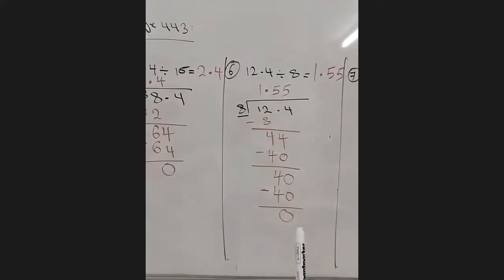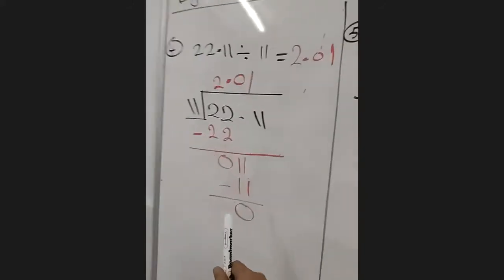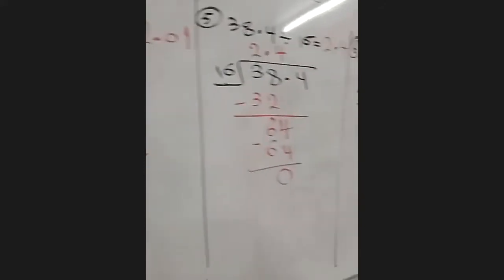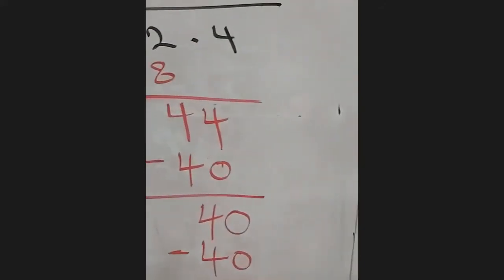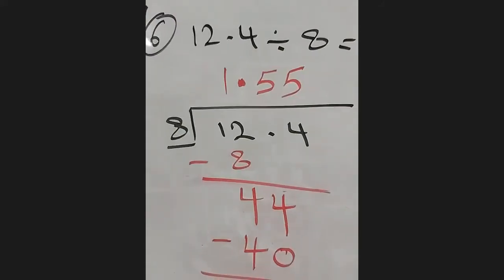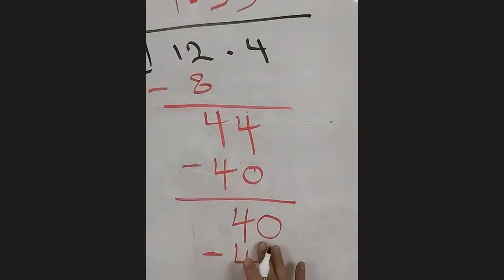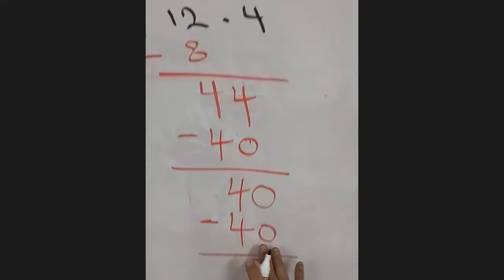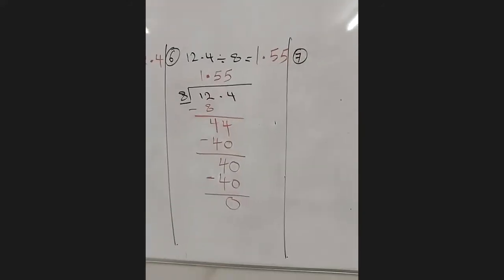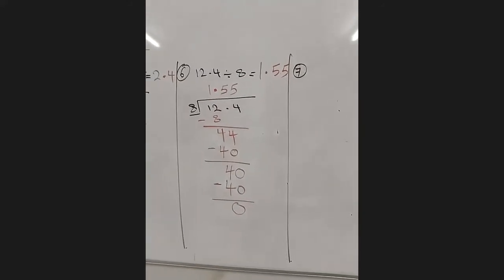Look, guys, if you have the remainder 0, you stop. If you don't have the remainder 0, because we have a decimal in the quotient, we add 0 to the remainder. Then we continue, okay? This is question 6. Let's go to question 7.